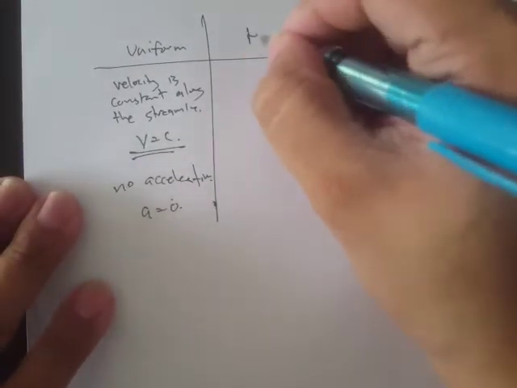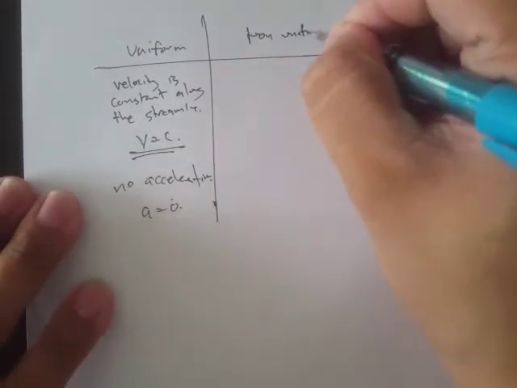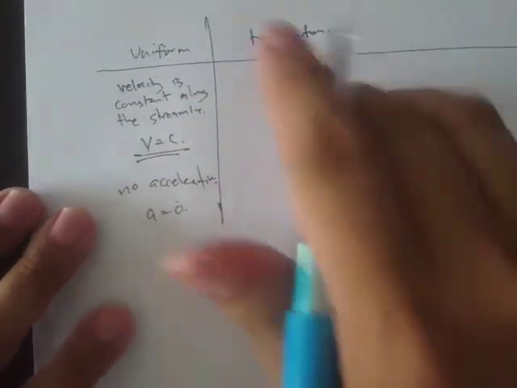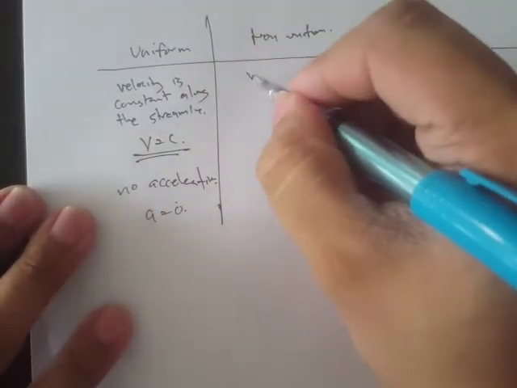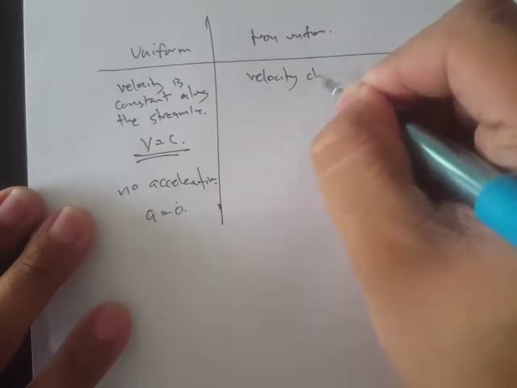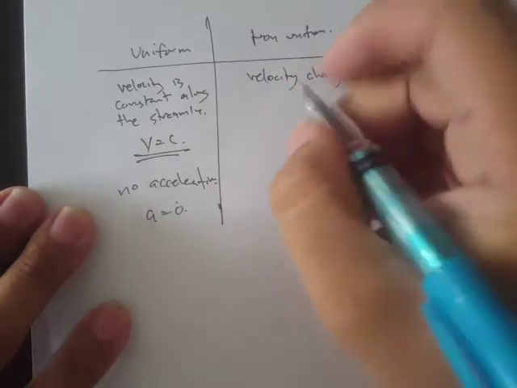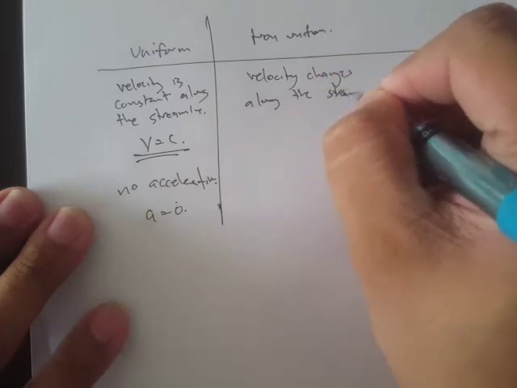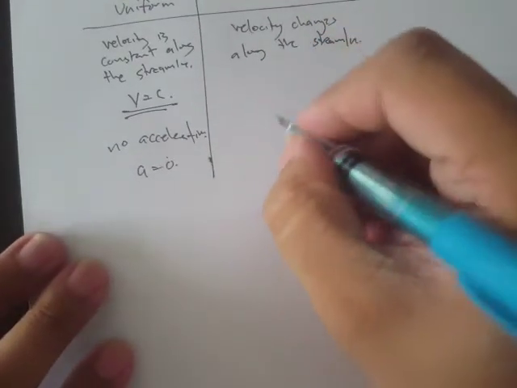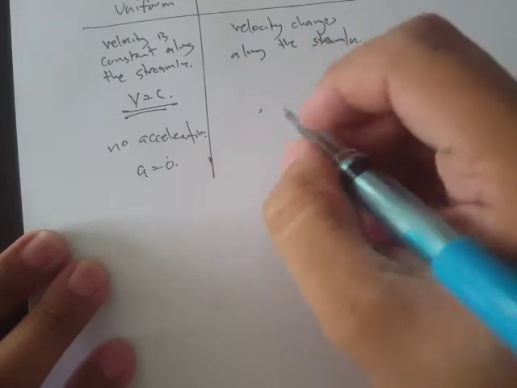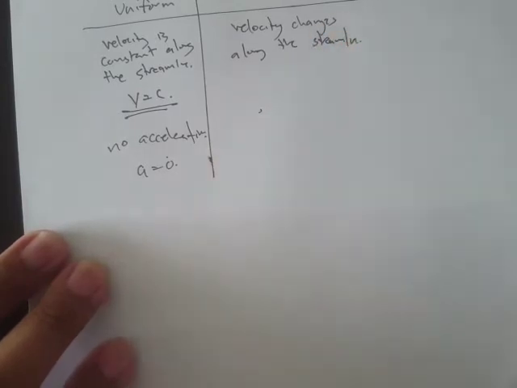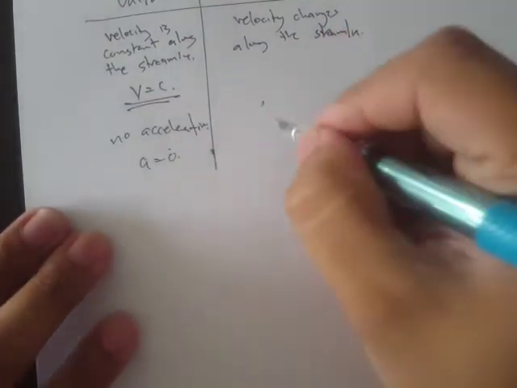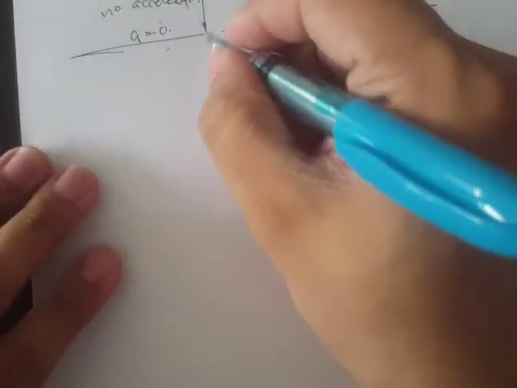For non-uniform, velocity changes along the streamline. And if we write the equation, I think I should write it here.